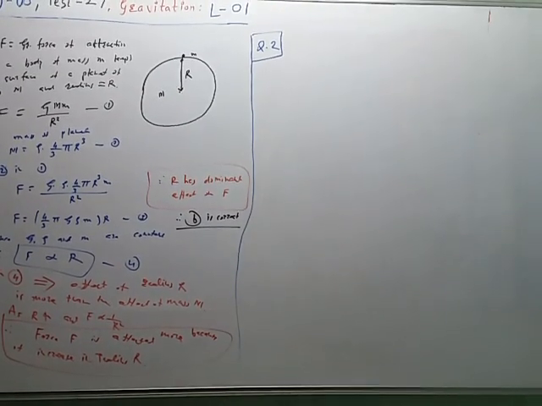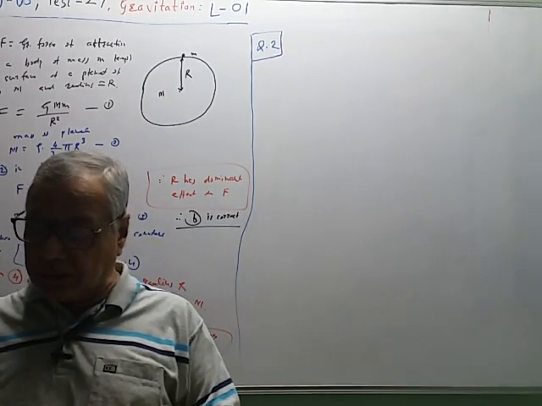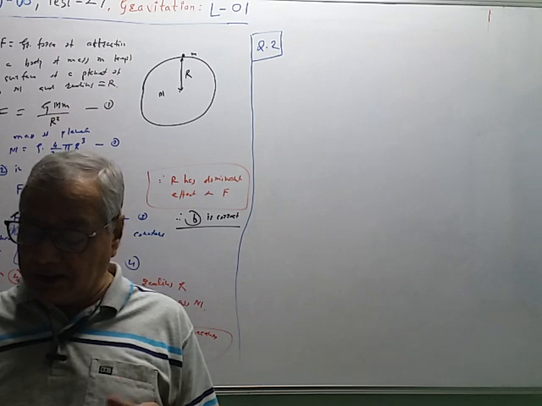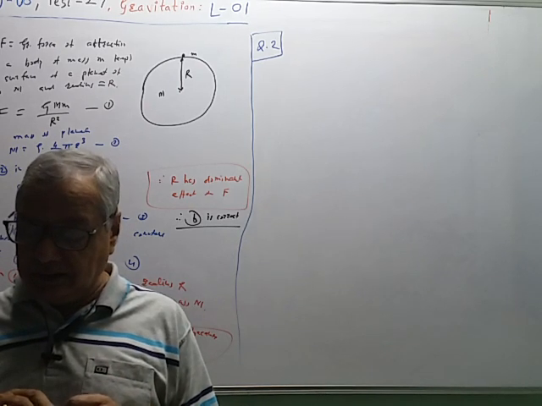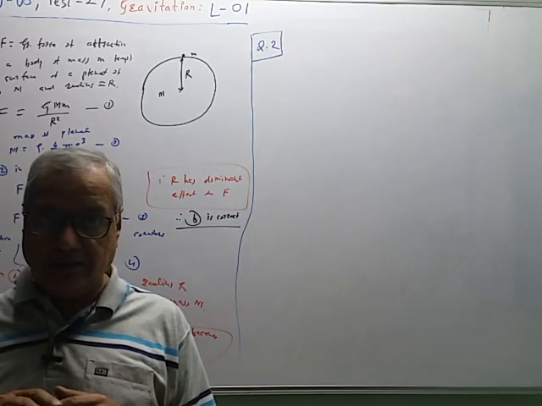Next, second question. Two particles of equal mass, small m, go around a circle of radius r under the action of their mutual gravitational attraction. The speed of each particle with respect to their center of mass is.